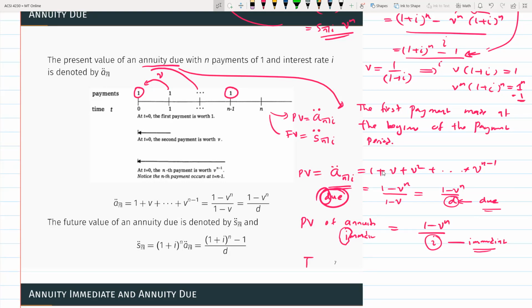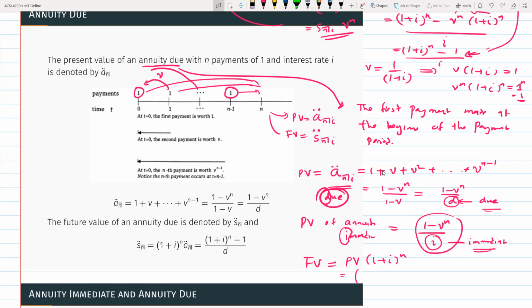So then we need to know the future value. Future value is basically, we can use the same approach we used last time, present value times (1 + i)^n. Okay, you can do it another way. You can, for each cash flow, calculate the future value. But the second approach would be you just think, okay, you have present value from this calculation, and after n years, what will be the future value?